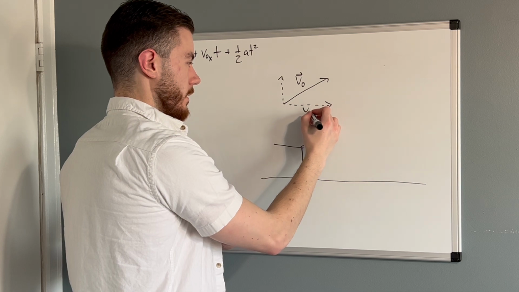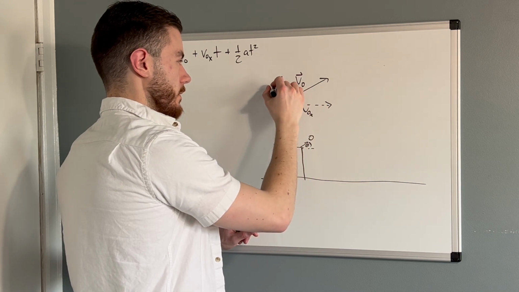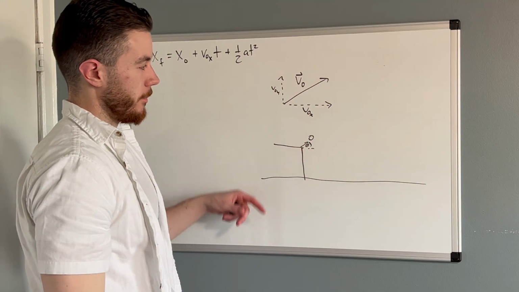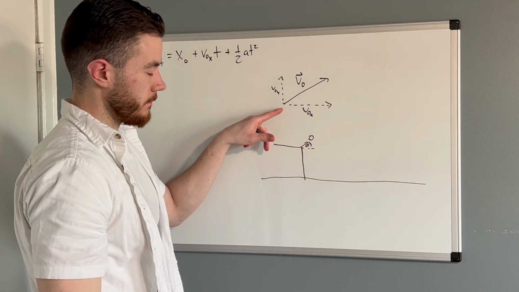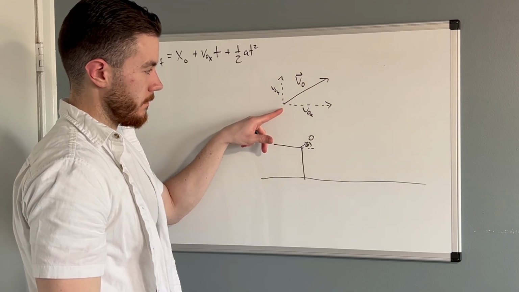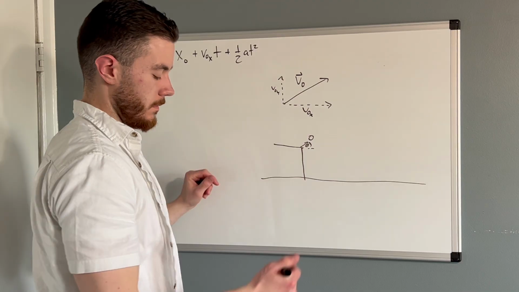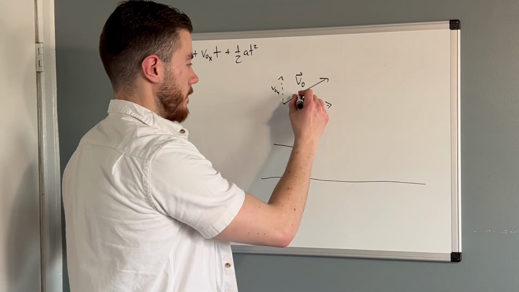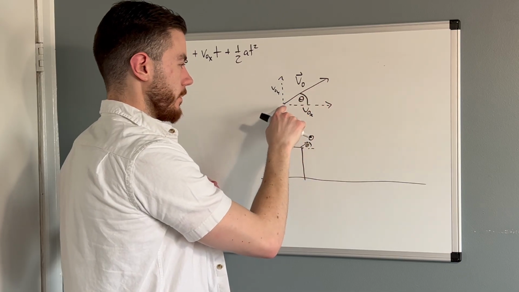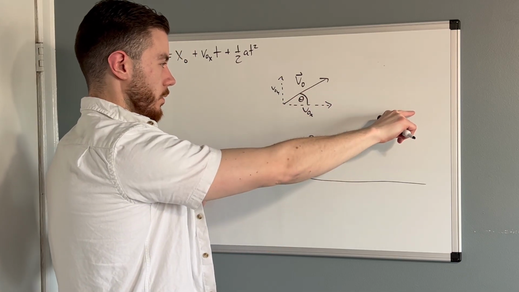This is v naught x and this is v naught y. They're perpendicular, and the vector makes an angle theta with respect to the horizontal.